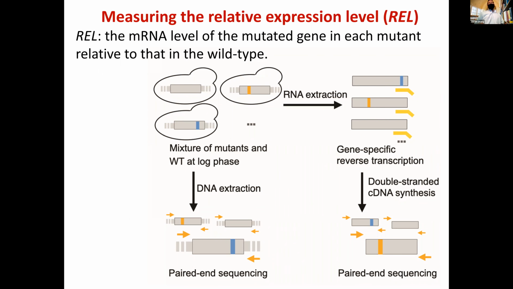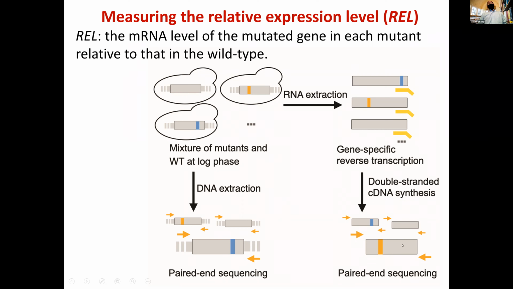So remember, we have this pool of the wild type and 450 mutants of a gene. We do a DNA seq, which tells us the frequency or relative concentration of these genotypes. We also do an RNA seq, where we extract the RNA, which tells us the amount of RNA of each genotype.